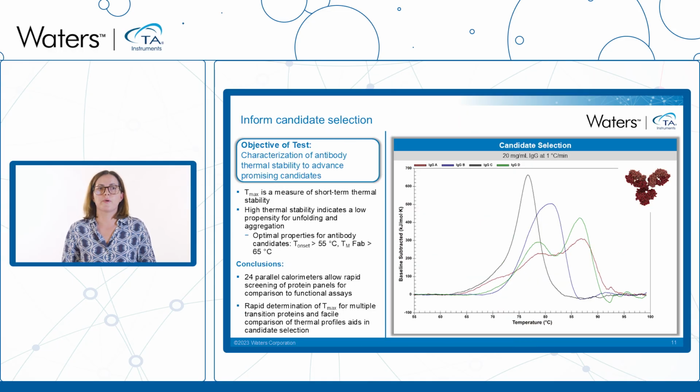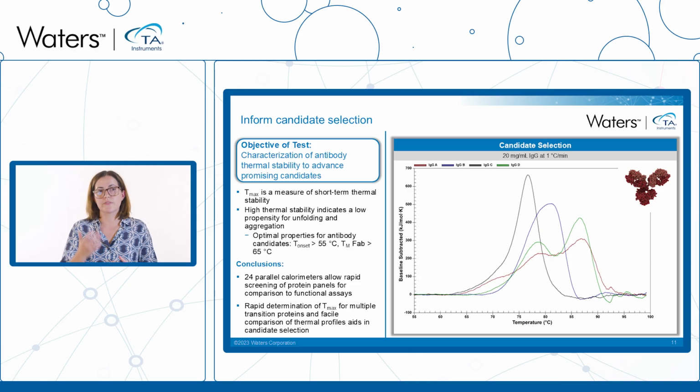In this example, again, we look at the thermal stability of antibody candidates, but here we are comparing DSC thermograms from different types of antibodies. In this case, they all have the same constant region, but they have differences in their binding region, which translates to differences in the DSC traces, as you can see here in this graph.